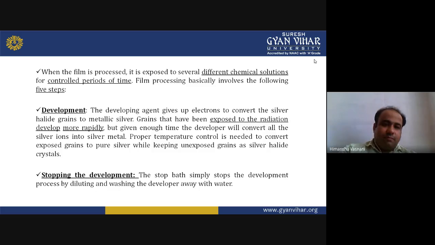When the film is processed, it is exposed to several different chemical solutions for a controlled period of time. This whole film processing involves 5 steps.